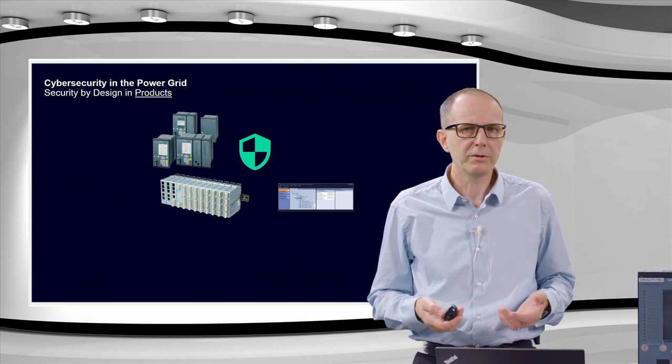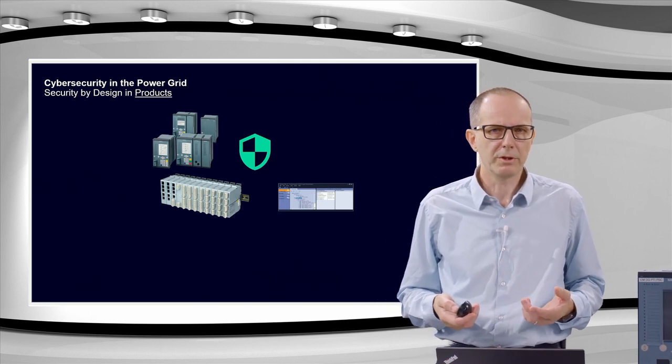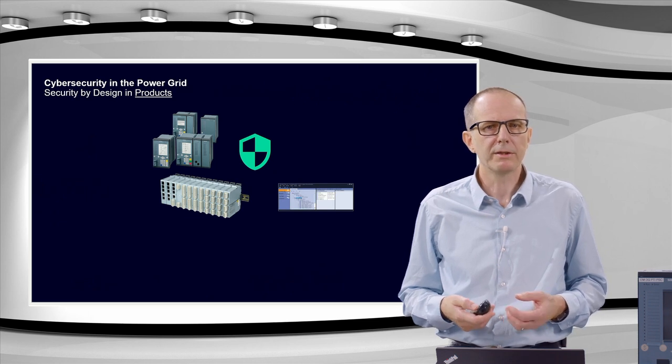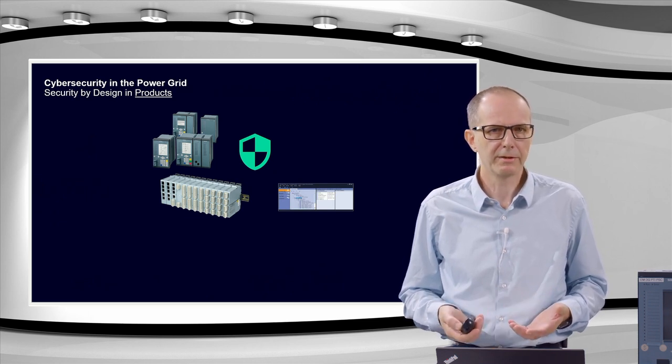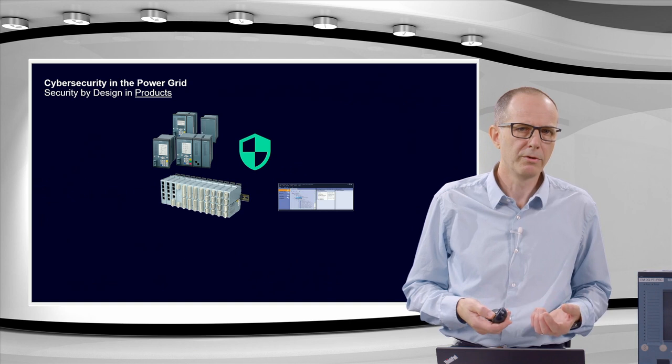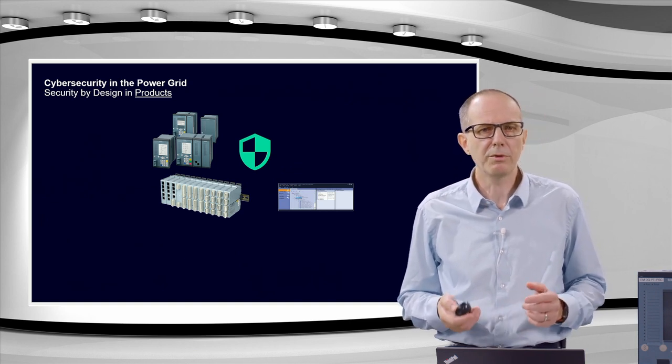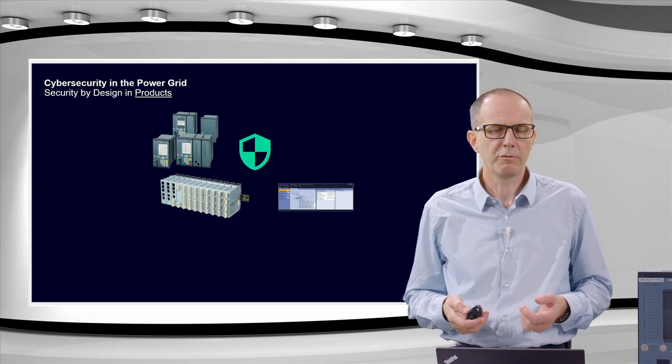SIPROTEC 5, but also our automation products like SICAM A8000 or SICAM PAS, have already integrated cybersecurity features by design. Some of them are to be activated via configuration, and some of them are inbuilt in the device to give you peace of mind.